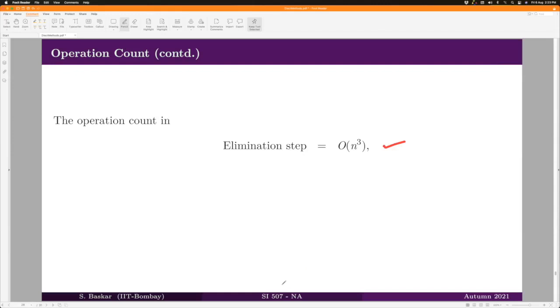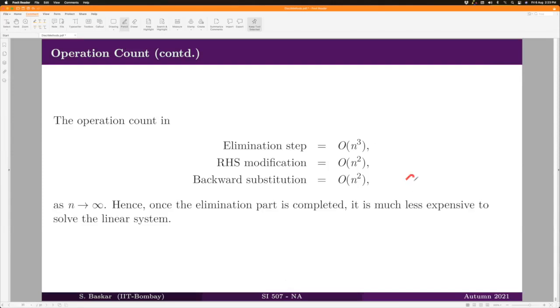Okay, it's of order n cube. The right hand side modification operation counting is of order n square, and the backward substitution involves an operation count of order n square again. All these as n tends to infinity. Okay, these are just order analysis.